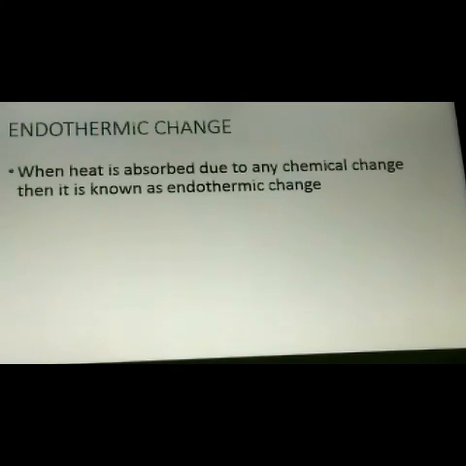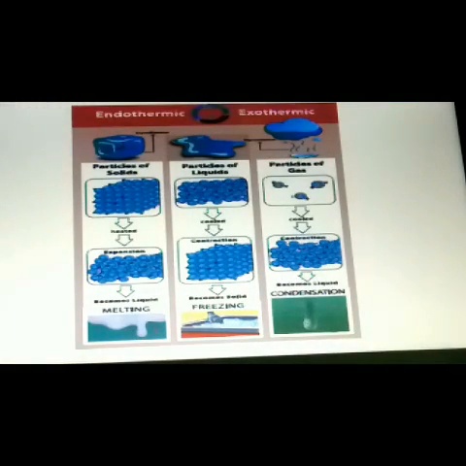For example, water absorbs heat when it evaporates to form water vapor. Similarly, ice absorbs heat when it melts to form water. Such changes in which heat is absorbed are known as endothermic changes. Similarly, dissolution of glucose in water is also an endothermic change, right?